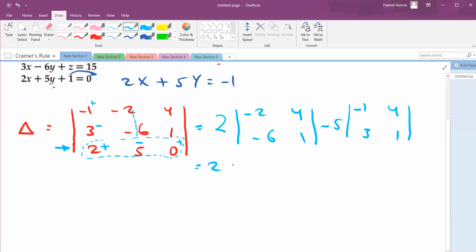So it will be 2 multiplied by the product of the leading diagonal, which is negative 2 times 4, minus the product of negative 6 and 1, so negative 8 minus negative 6... this gives 2 multiplied by 22, so it will be 44. Then negative 5 multiplied by the leading diagonal, negative 1 times 1, minus the secondary diagonal, which is 12.